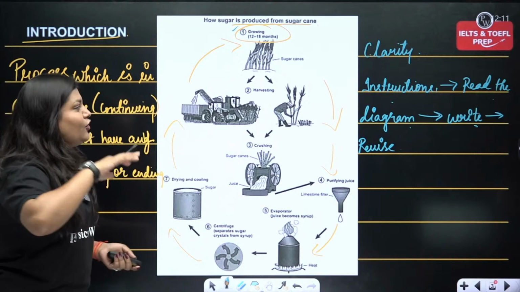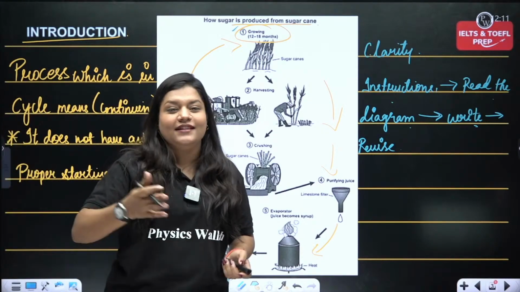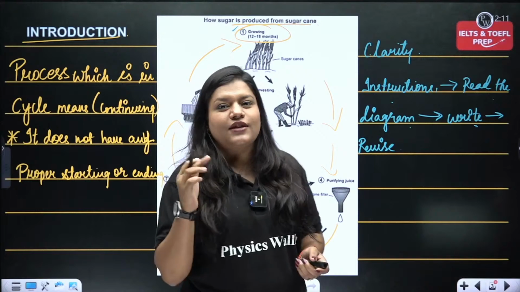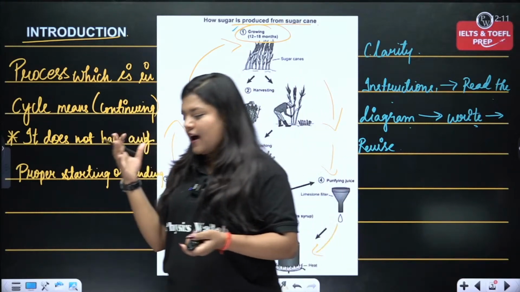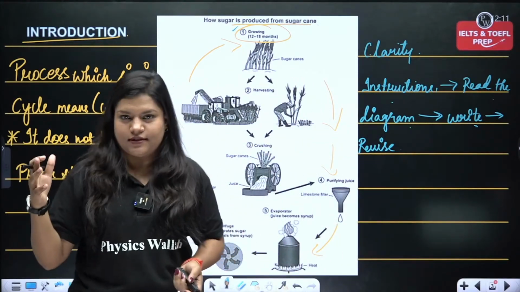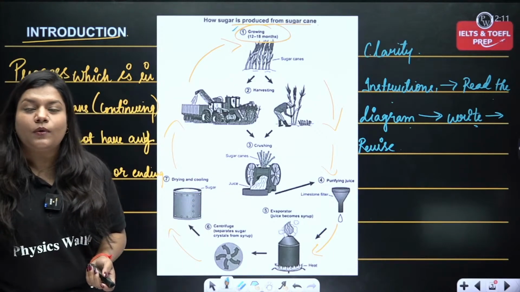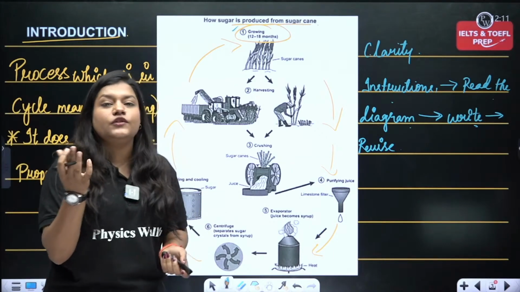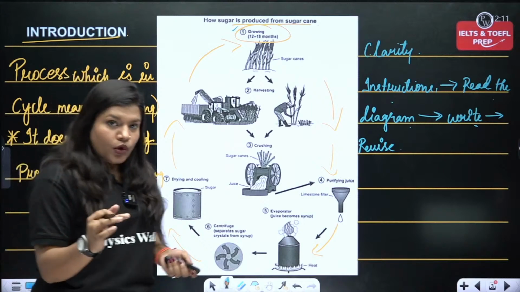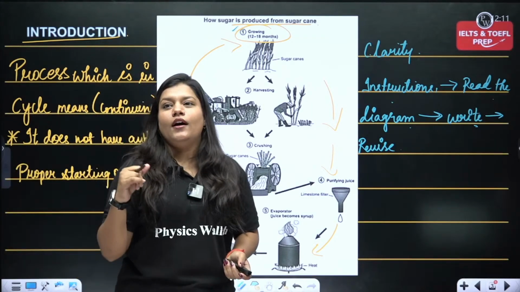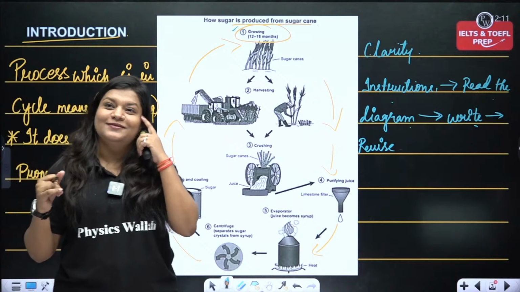So you cannot say the man is harvesting wheat, but always try to write the answers in a generalized manner. Whenever you are writing the answers of writing task 1, it needs to be professional because you are doing report writing. Report writing always needs to be professional in nature. Getting it?